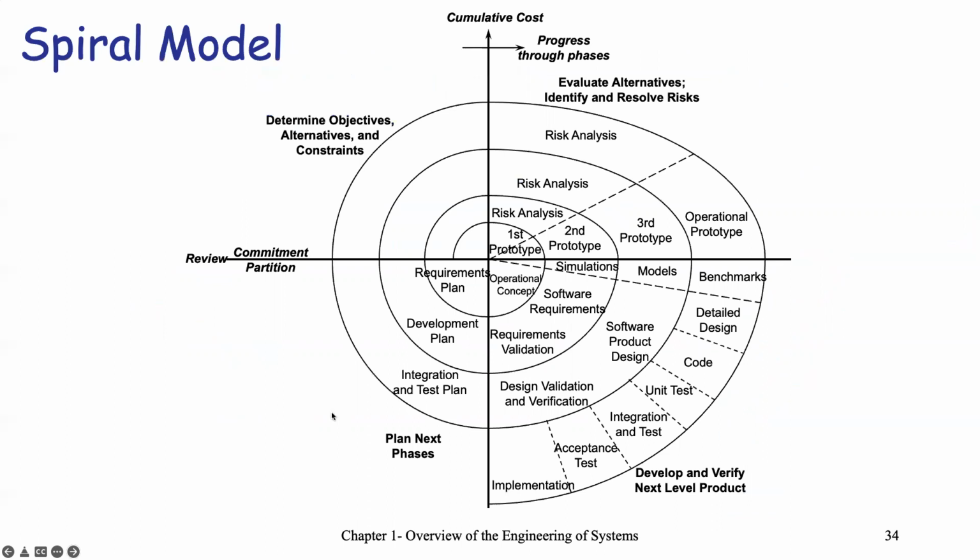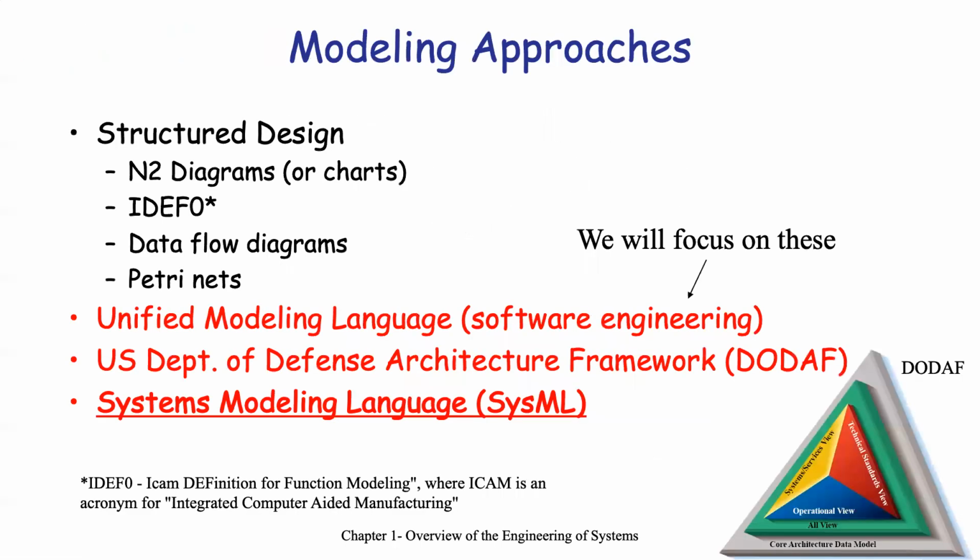There's also the spiral method, where we gradually get more and more complexity as we cycle through those spirals. So we have some initial operational concept, and we get more and more detail as we go through each spiral, as we go out to more detailed implementation and understanding of what we're trying to accomplish.